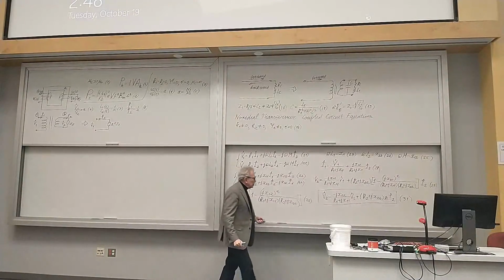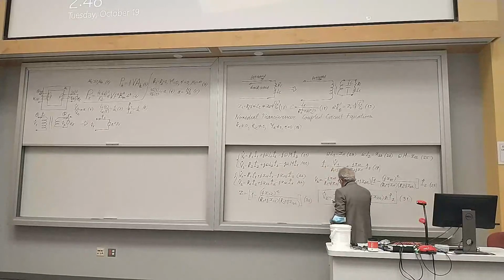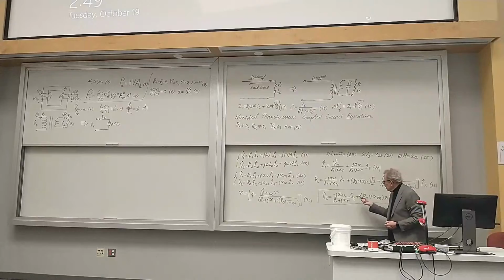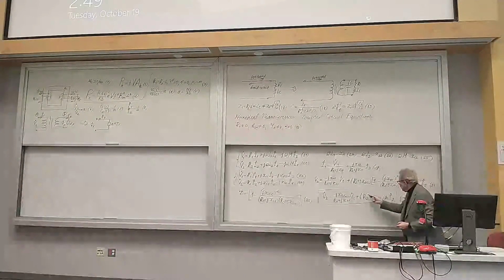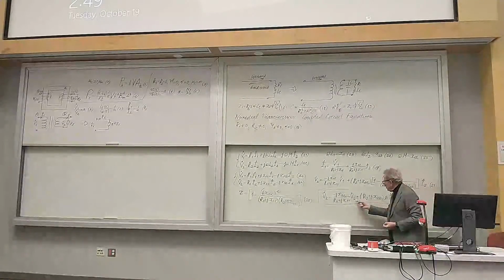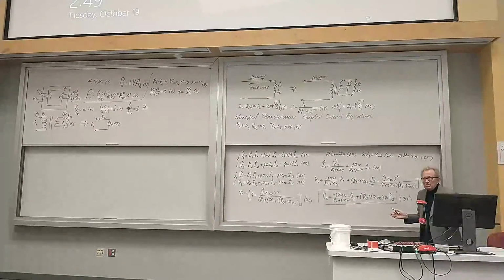So first I would like to understand that V sub 2 is a sum of two distinct terms. So I would like to understand the physical meaning of the first term and the physical meaning of the second term. So what is the physical meaning of the first term? It's easy to understand.